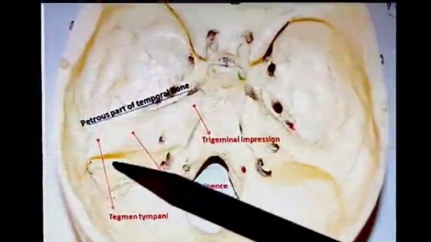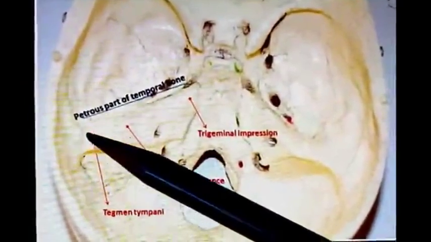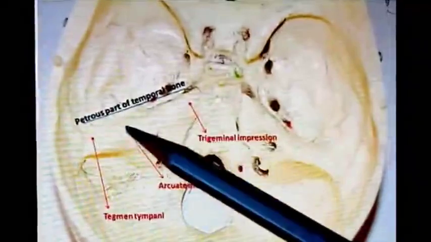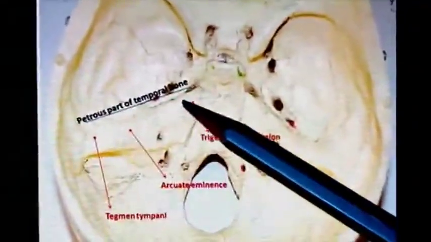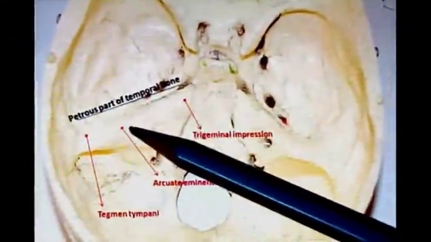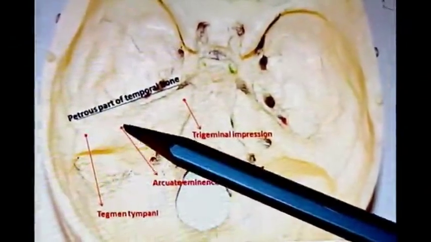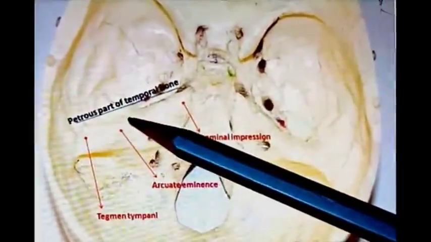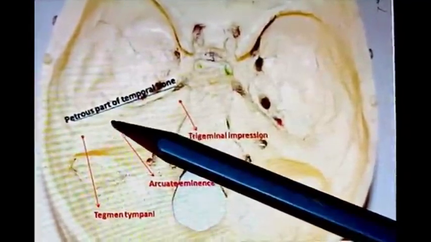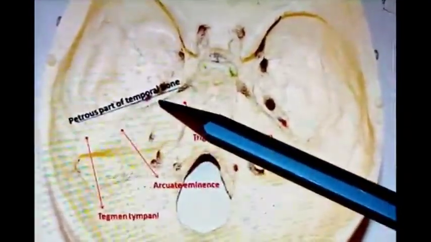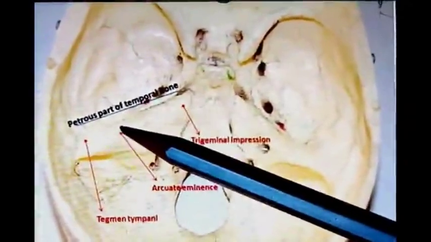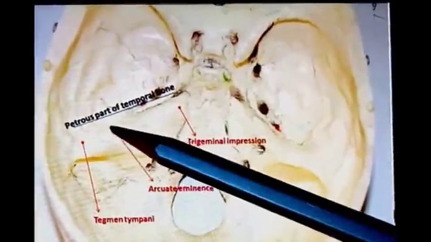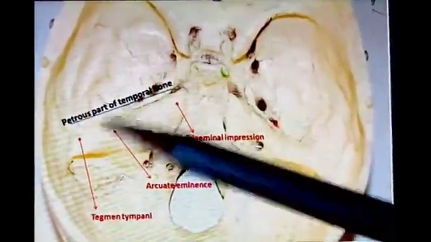In this diagram, we can find the interior of skull. In the interior of skull, there is presence of petrous temporal bone. In its relation, we can find arcuate eminence. Arcuate eminence is an arc-like projection which is visible on anterior surface of petrous temporal bone. It is produced by superior convexity of superior semicircular canal.